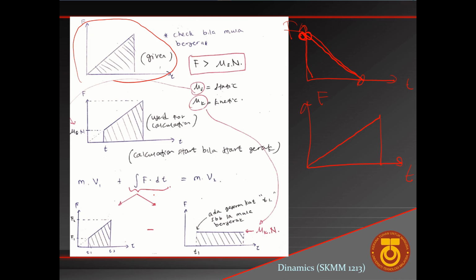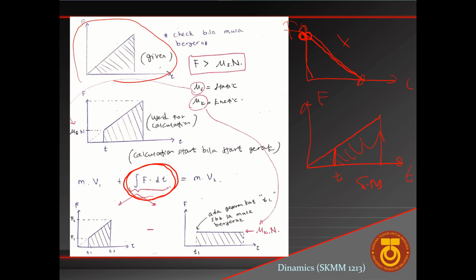The impulse can only be calculated using the part of the graph where the component is moving, not when the component is still static. So we need to know at what time t the component starts moving. In the previous one, we could directly consider the component moving because it had a big value. Here we start from 0, of course.